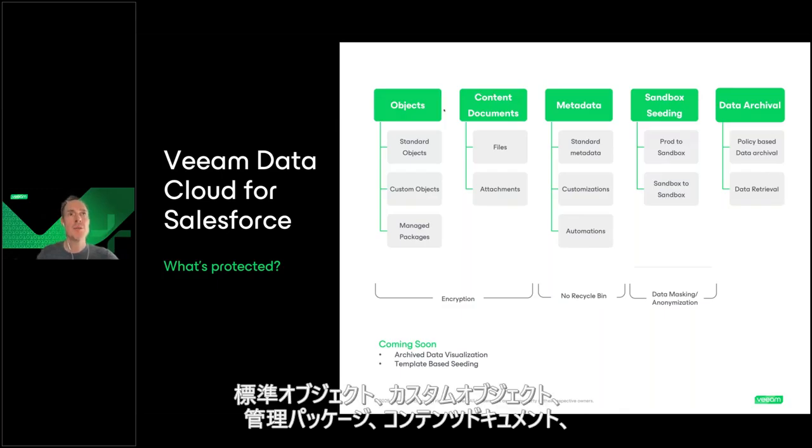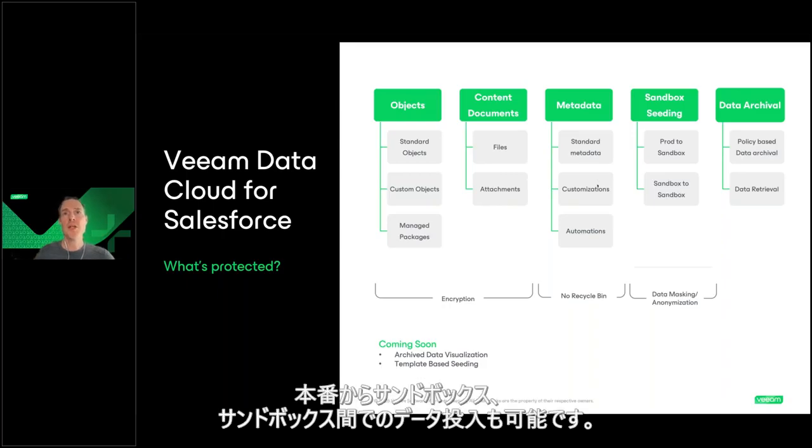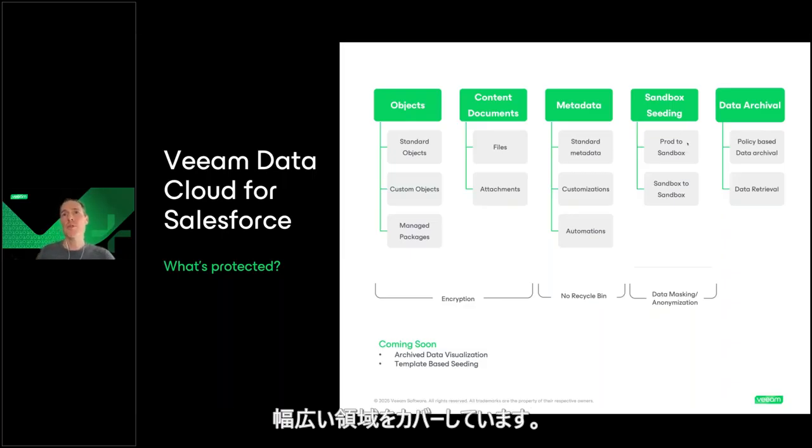We cover standard objects, custom objects, managed packages, content documents, files, and attachments; metadata, which has standard metadata, customization, automations; sandbox seeding from production to sandbox and also from sandbox to sandbox; and finally data archival, which is policy-based data archival and data retrieval.